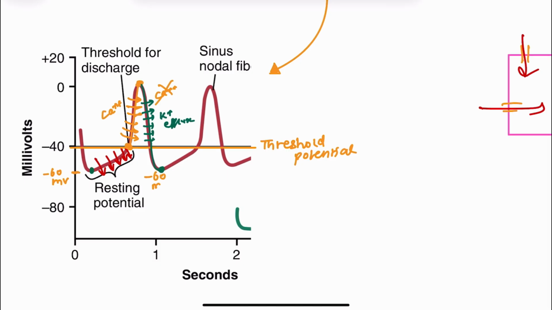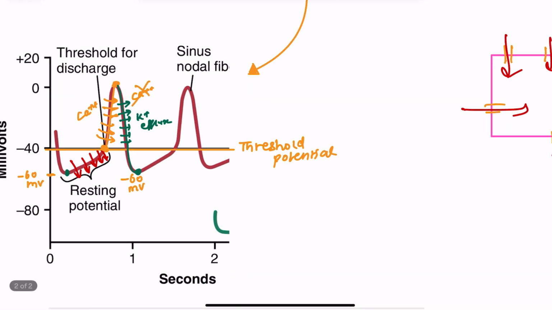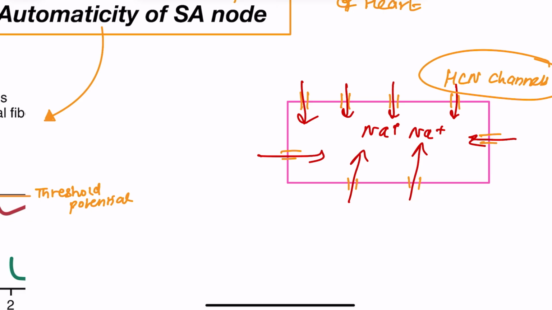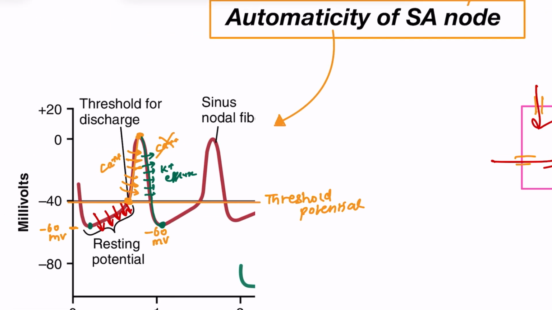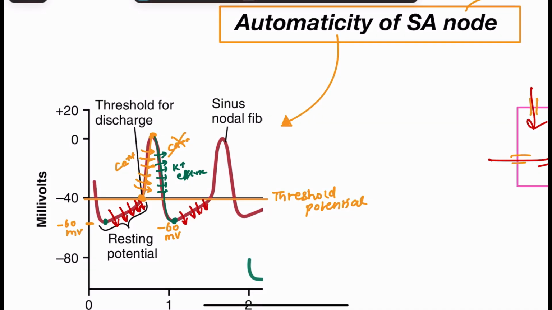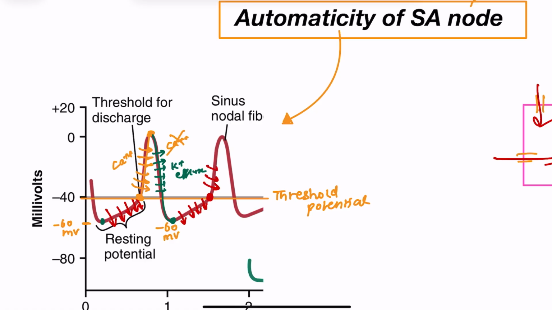Once minus 60 millivolt potential is reached, again there occurs the activation of these HCN channels, and again sodium influx occurs. Again depolarization begins. Threshold is reached, voltage gated calcium channels open up, depolarization occurs, and then again potassium efflux occurs and repolarization is reached. These cycles repeat throughout life.